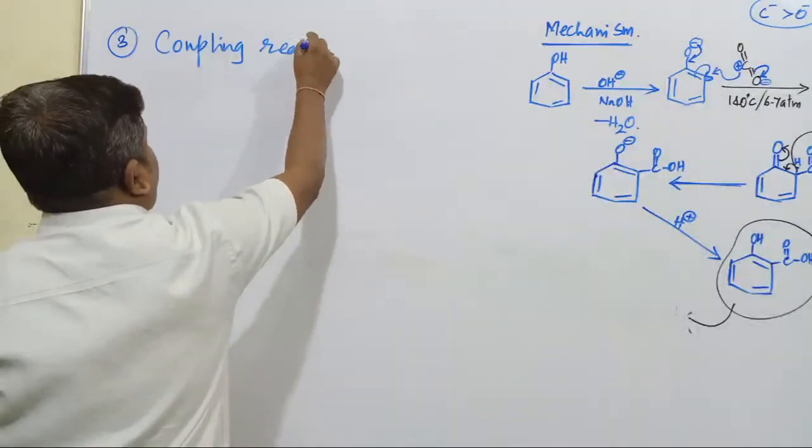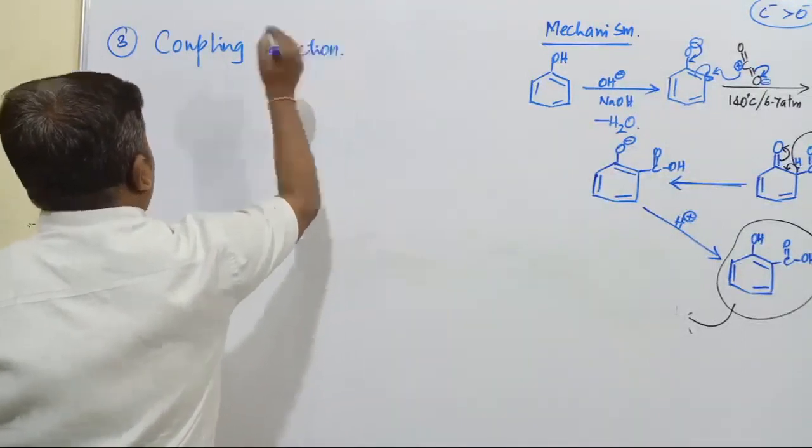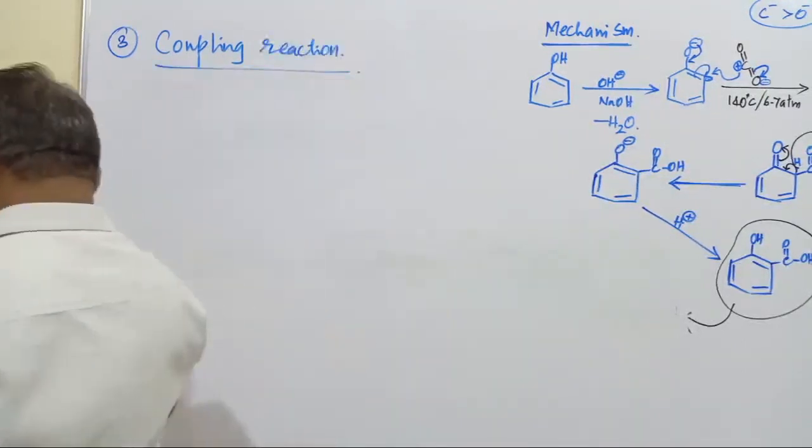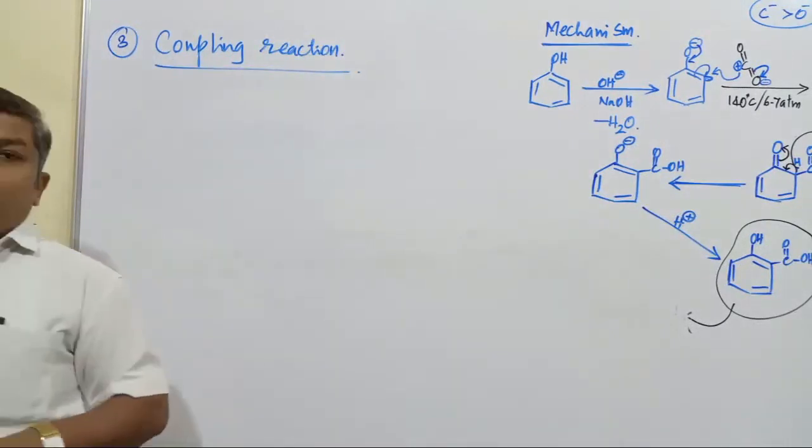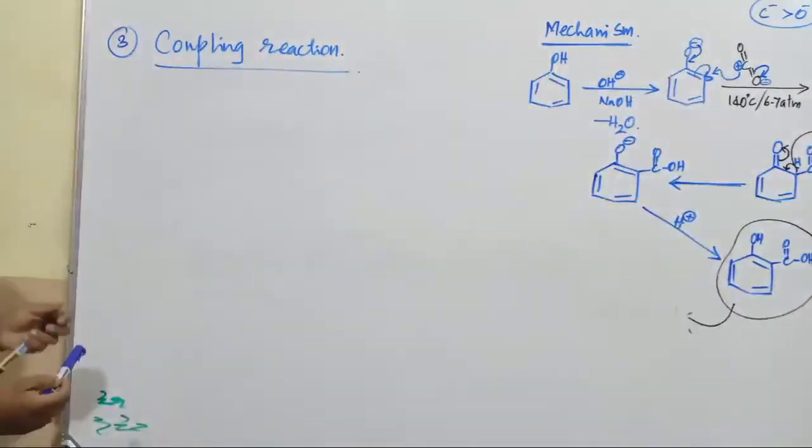What happens in case of coupling reaction? One aromatic compound combines with another aromatic compound. Here we can explain the coupling reaction by taking benzene diazonium salt.